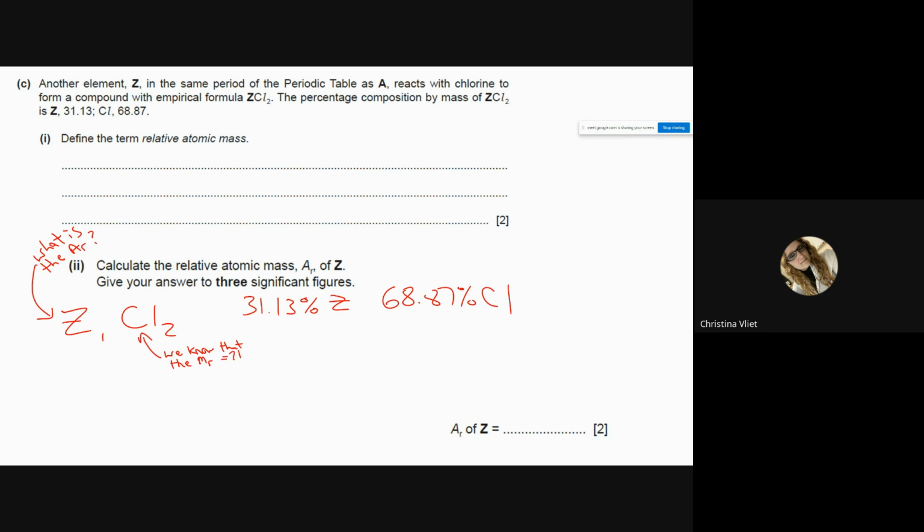That's what you said. But we don't know this, because we don't know what Z is. But we have another relationship. We know that because these are mass percentages, these are based off of grams. That means whenever I have 68.87 grams of chlorine, I have 31.13 grams of Z. Okay, so what can we do?